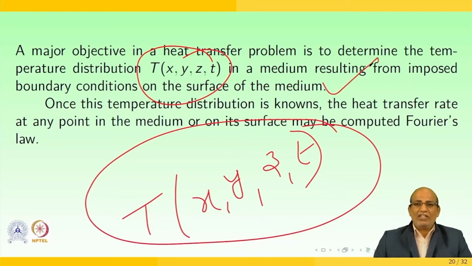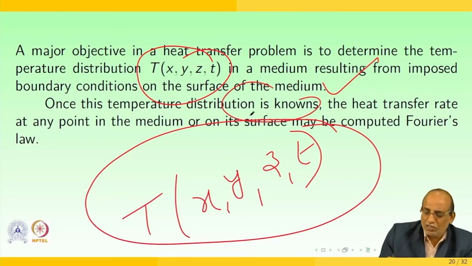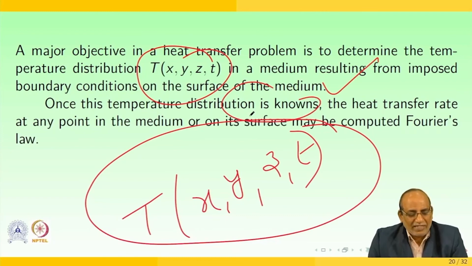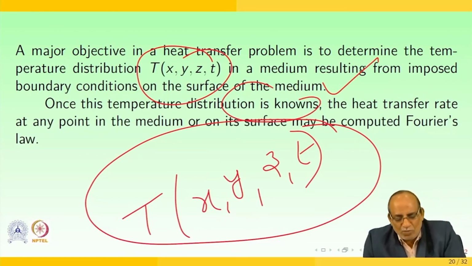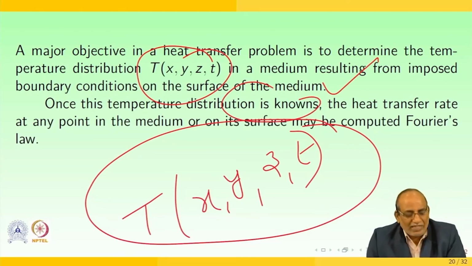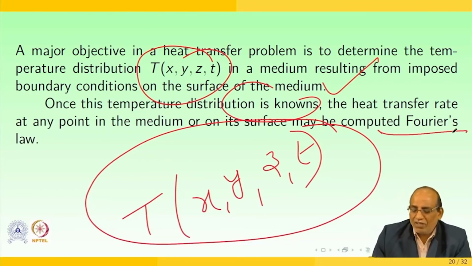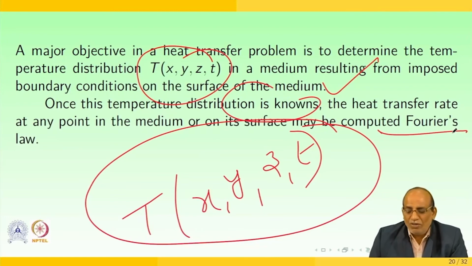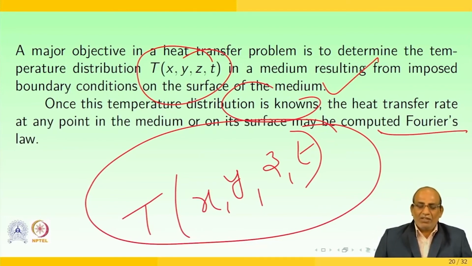Once this temperature distribution is known, the heat transfer rate at any point in the medium or on its surface may be computed by Fourier's law. So that means once temperature is known, we can know the heat transfer. Temperature distribution is the global set and heat transfer is the local set.